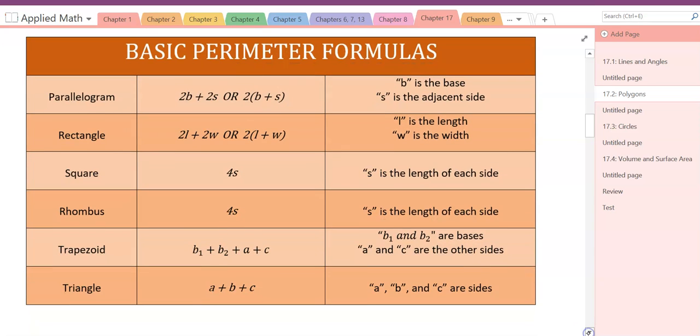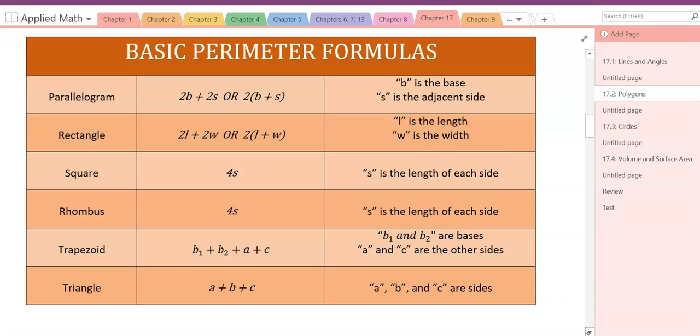So this chart in your packet has all of the perimeter formulas for those basic shapes: parallelograms, rectangles, squares, trapezoids, so on. Now in the middle of this chart is all of the equations. There's a lot of letters: B's and S's and H's and L's.